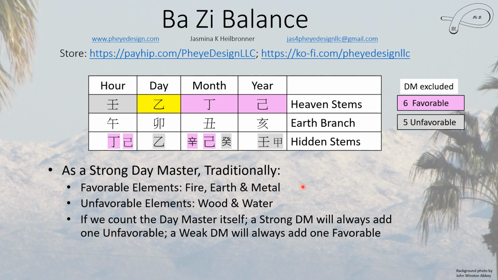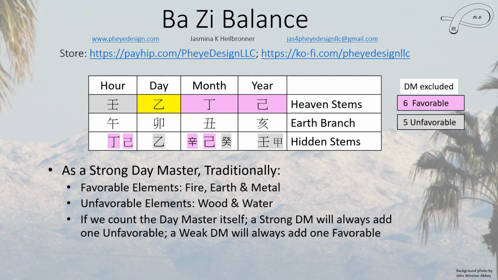Because I have a strong day master in the traditional sense by the month and the day master's element, the favorable elements are fire, earth, and metal, and my unfavorable ones are wood and water. Now, if we count the day master itself, for everybody, if you have a strong day master, it will always add 1 unfavorable element.